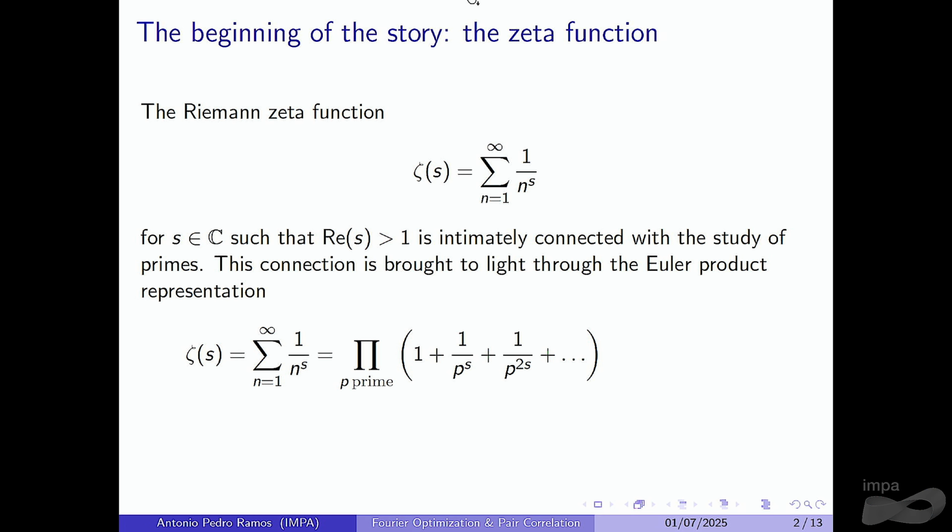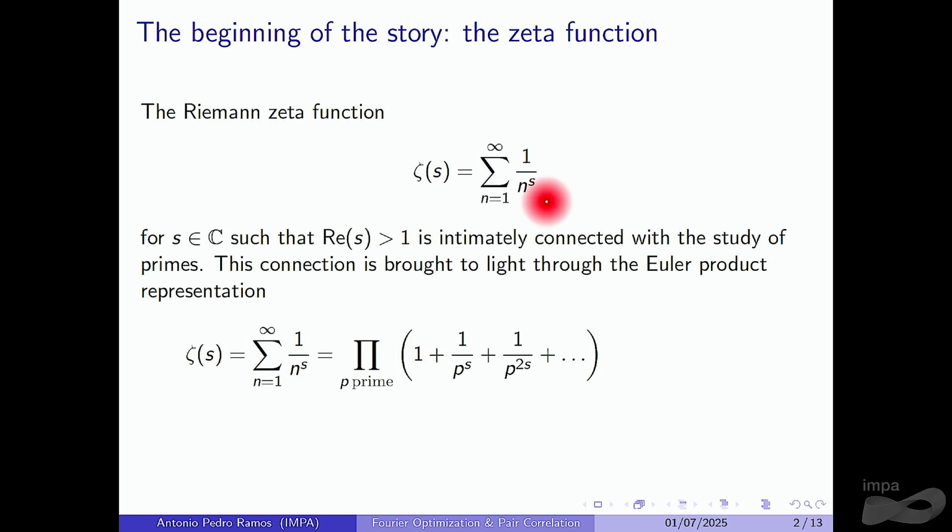So something that every mathematician knows is the fundamental theorem of arithmetic. Every positive integer can be uniquely factored as a product of prime powers. So an analytic way to say this is that this infinite series factors into this product over primes of the geometric series in 1 over p to the s.